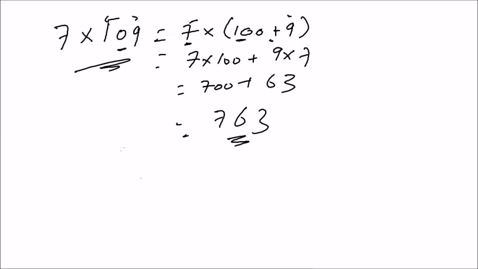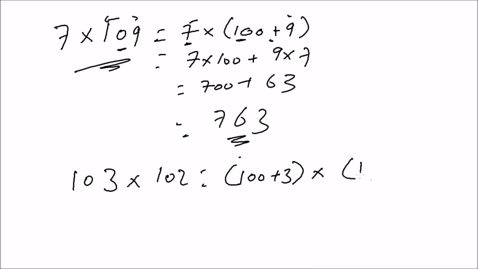Now let us see another example in which you will have to multiply 103 and 102. Similarly, by using the same method, split the numbers into two smaller numbers which are easier for us to multiply, like 100 plus 3 into 100 plus 2.